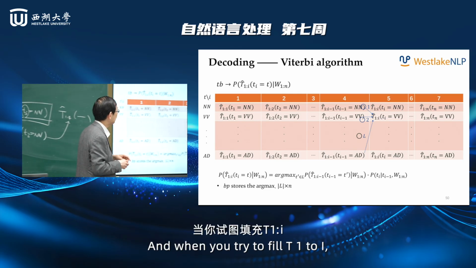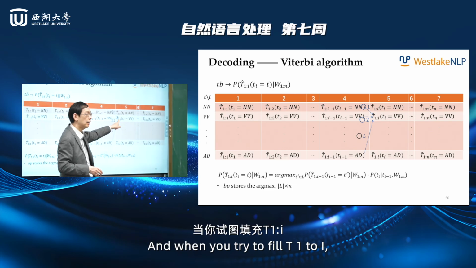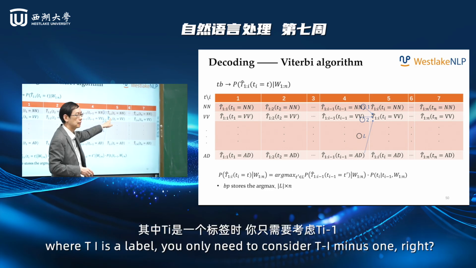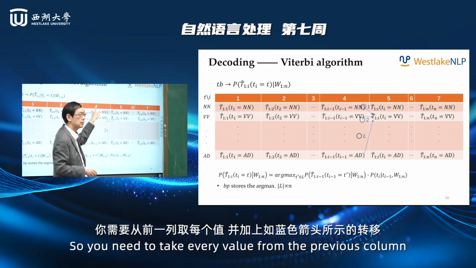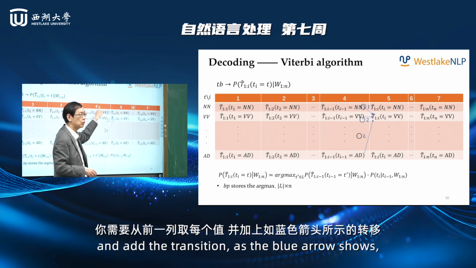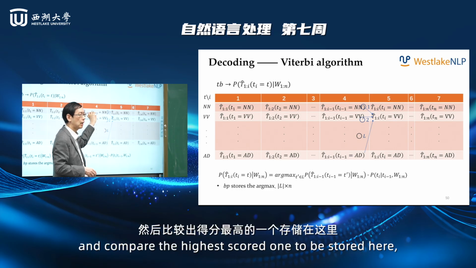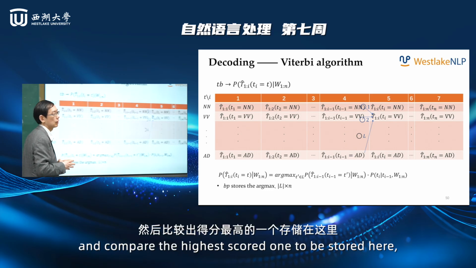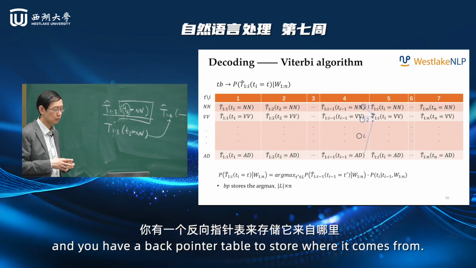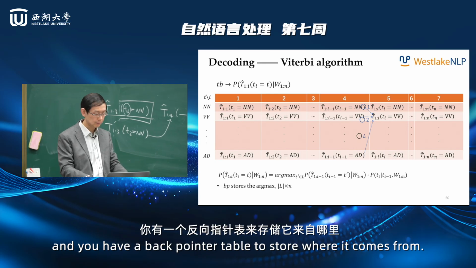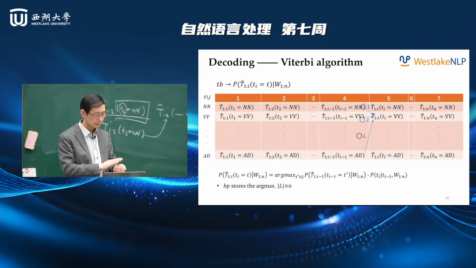And when you fill t_1 to i where t_i is a label, you only need to consider t_{i-1}. So you need to take every value from the previous column, add the transition as the blue arrow shows, and compare, storing the highest scored one here. And you have a back pointer table to store where it comes from.